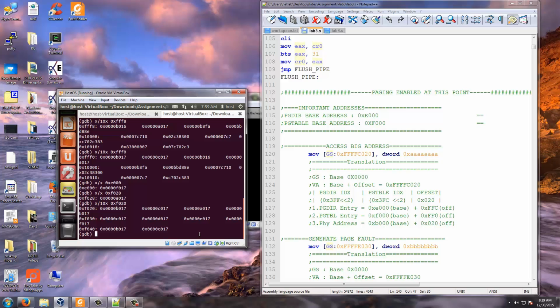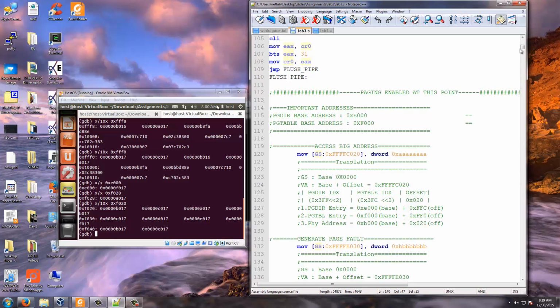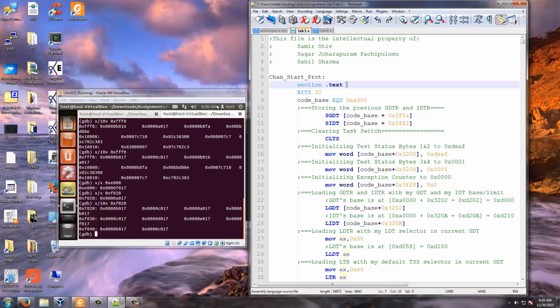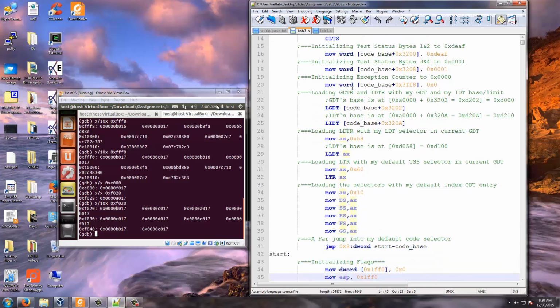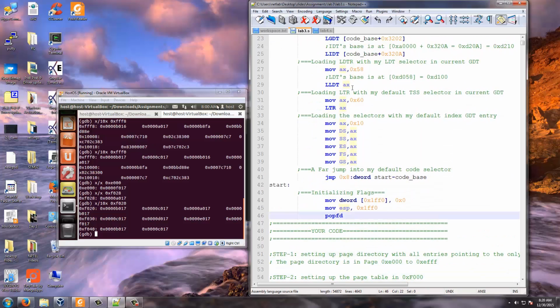Right? So now we will go and start analyzing this code that you see on the right hand side. What you see here, till this we have already seen, and please note that at this point of time I have all my DS, SS, ES, FS, GS pointing to 0x10, and my code segment is at 0x8.